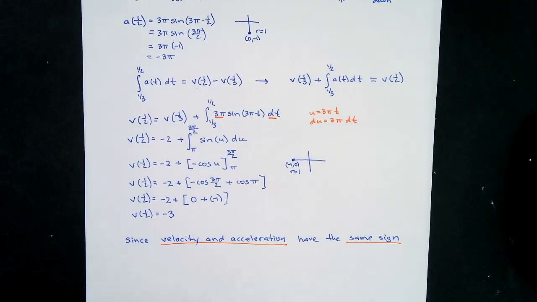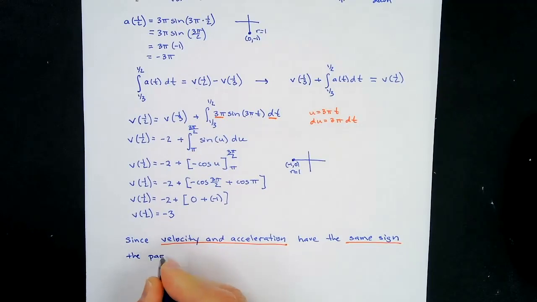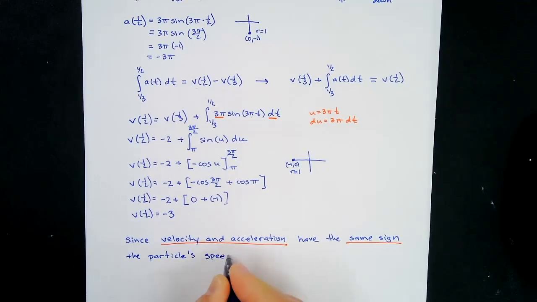That's telling us the particle speed. So we'll write the particle speed is, and what is it doing? Because the velocity and acceleration have the same sign, then that means it is increasing, which also means speeding up.